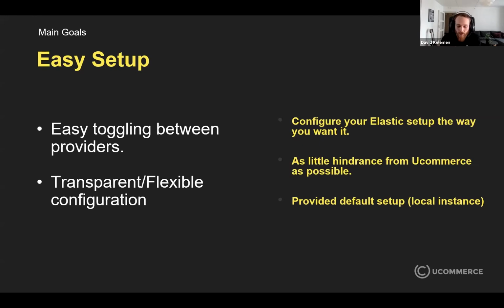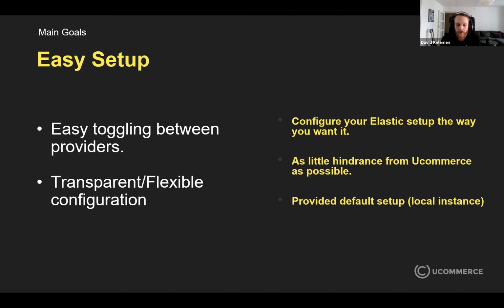What this means in broad strokes is that, for example, if you have developers who have previously connected .NET applications to Elasticsearch, they will have a pretty good idea of what needs to be done in order to have Ucommerce work with Elasticsearch as well.